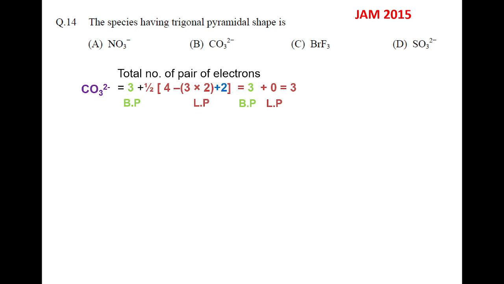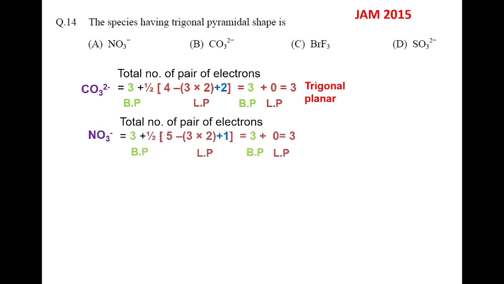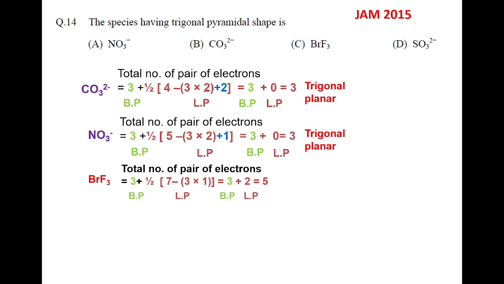Carbonate ion: 3 bond pair, 0 lone pair, trigonal planar. NO3 minus is also 3 bond pair, 0 lone pair, trigonal planar. In case of BrF3, 3 bond pair, 2 lone pair, that is simple T shape.